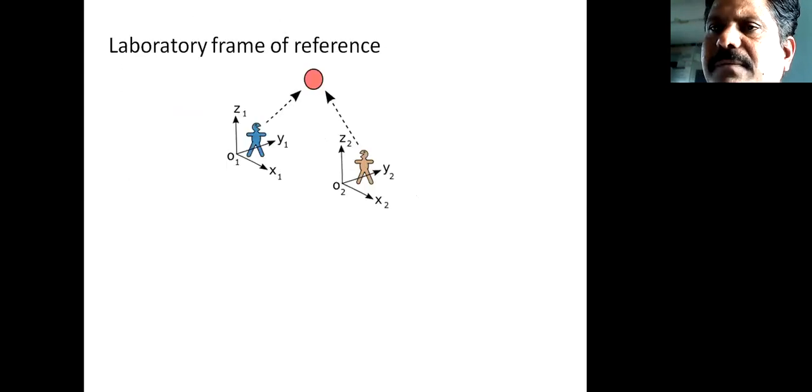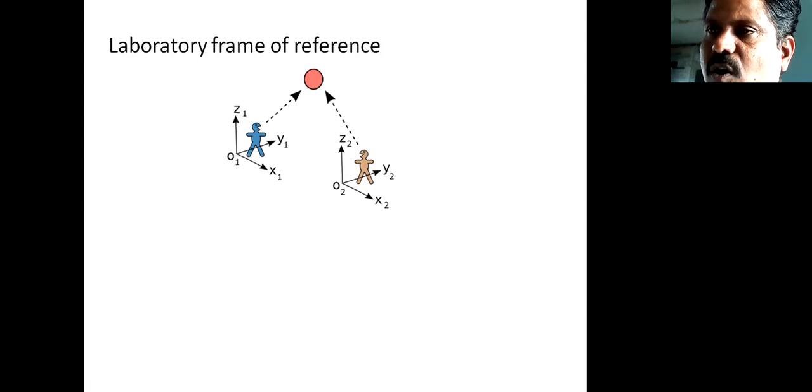Here, this red spot is where some event is taking place. So let us fix the position of the moving object with respect to this reference point. For that purpose, it is convenient to have a coordinate system fixed to the reference point or reference object.